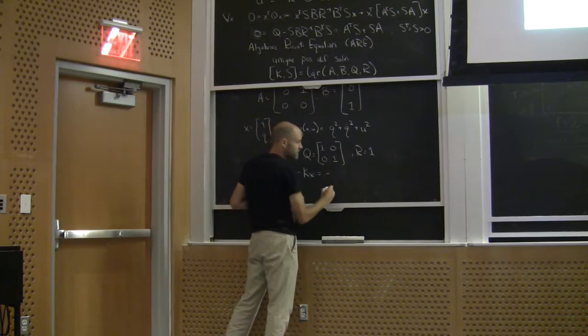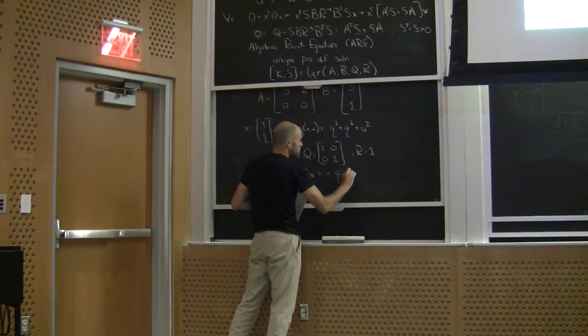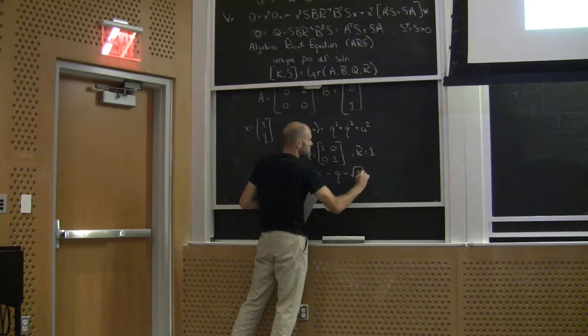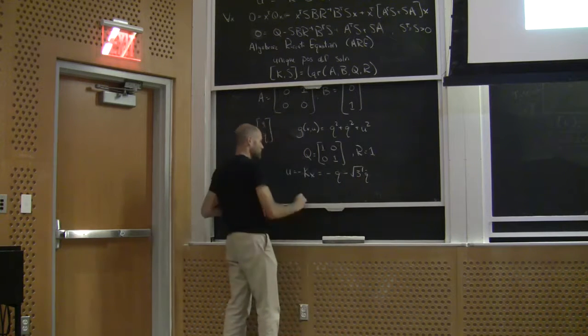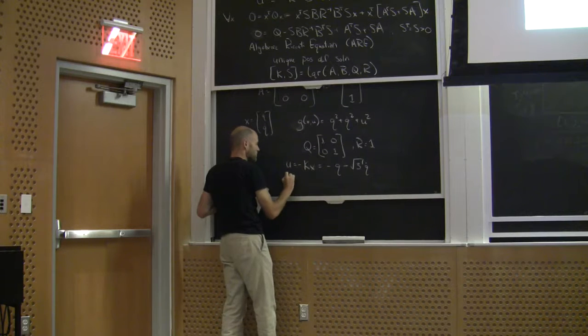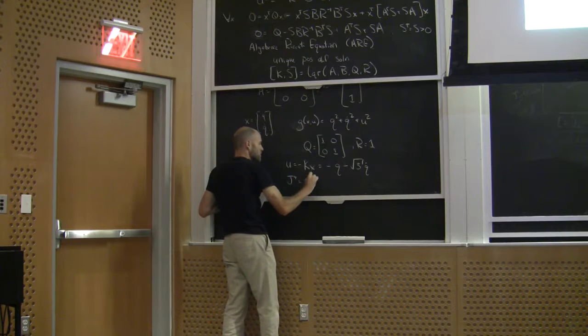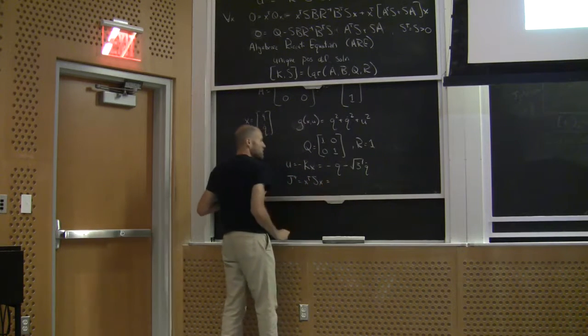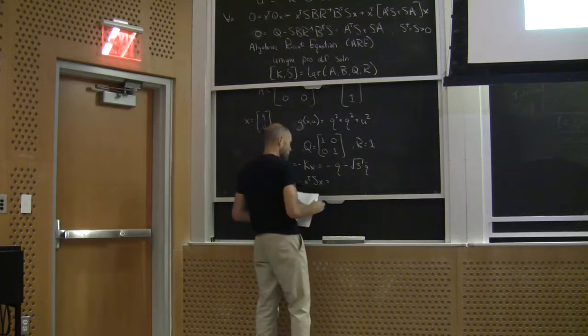Which in this case was negative q minus square root of 3 q dot. And my cost to go was just that thing that I wrote down before, too.